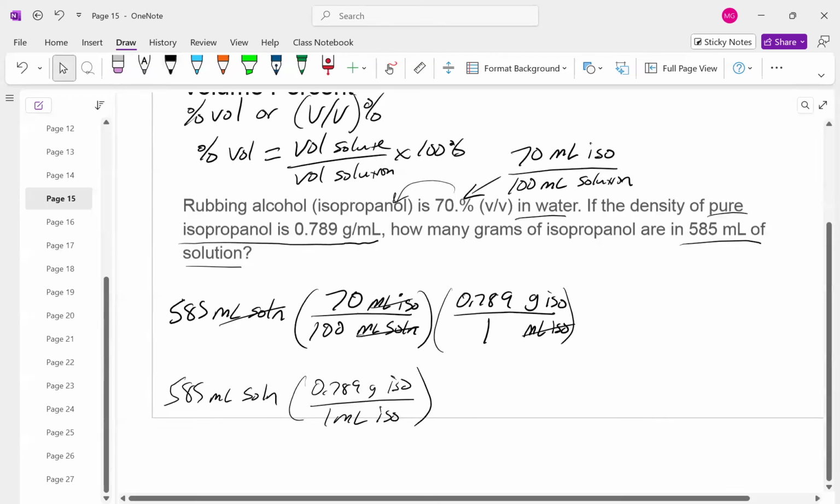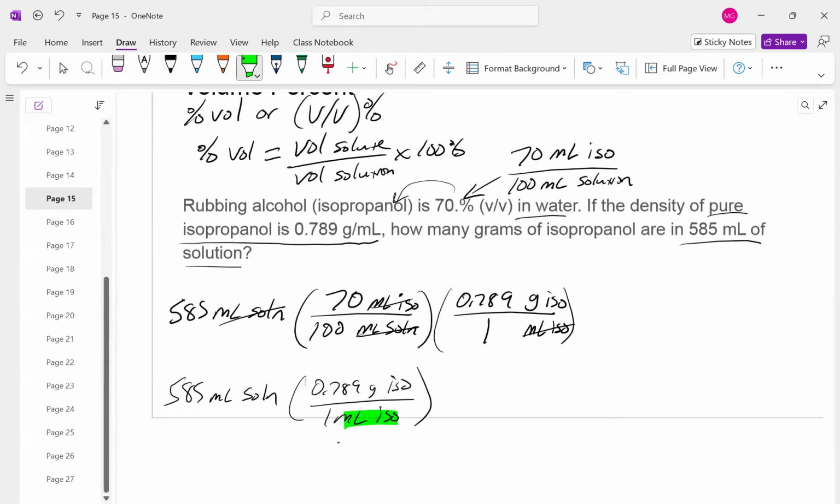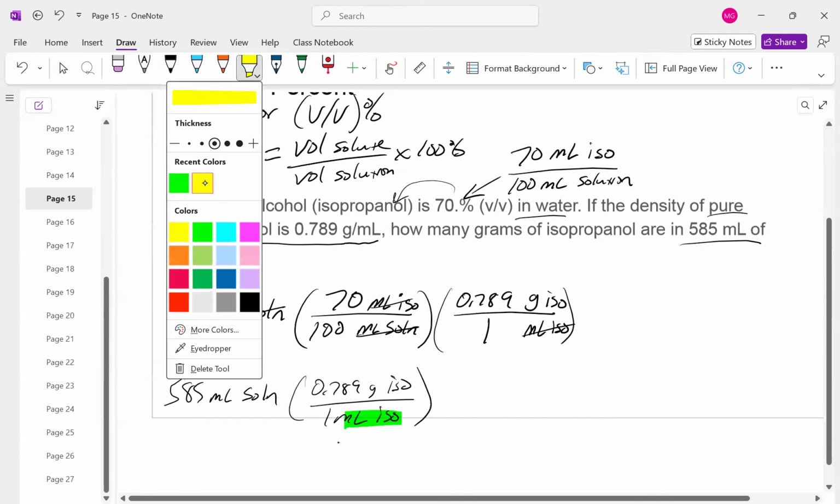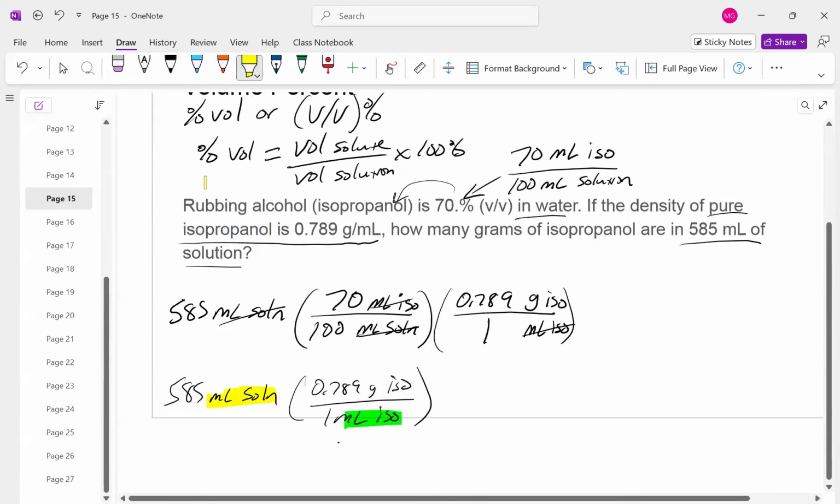But did I really? I really can't do this here because this unit is not exactly the same as this unit. The density refers to pure isopropanol.